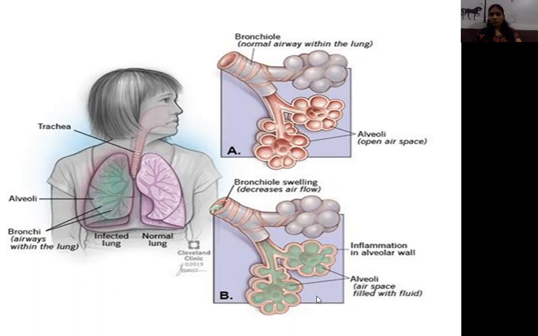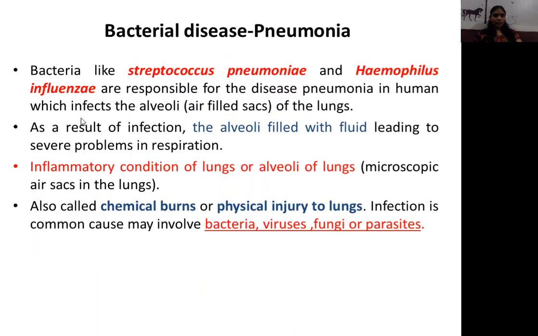So this occurs in a pneumonic person, and as a result of the infection, the alveoli are filled with fluid, leading to severe problems in respiration because air cannot enter into the lungs properly. It is an inflammatory condition of the lungs or alveoli of the lungs.